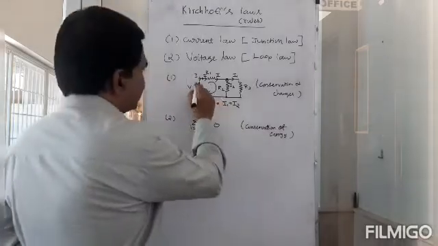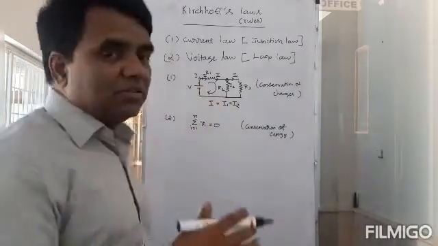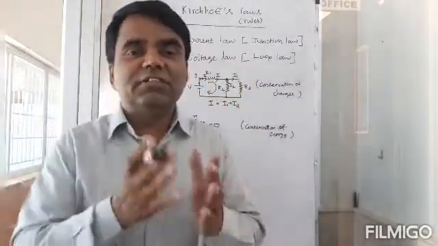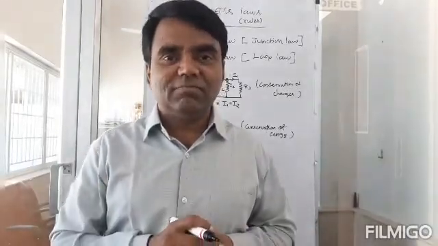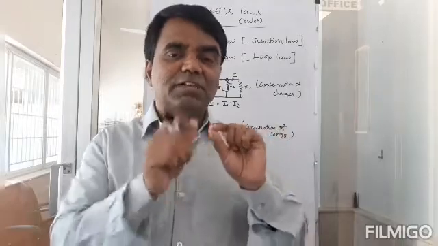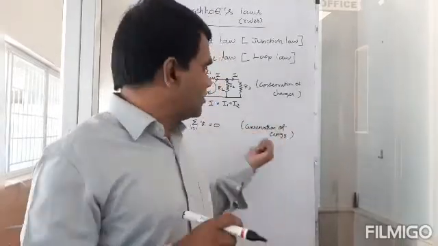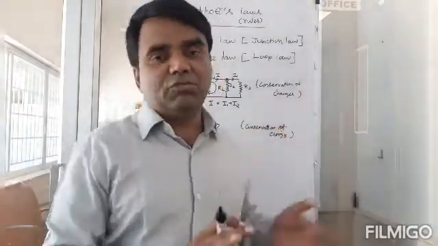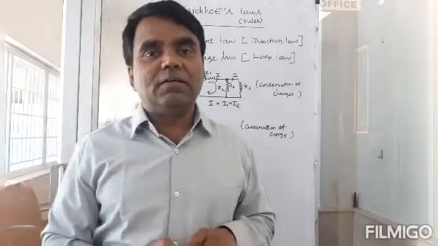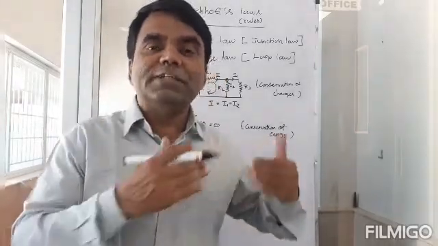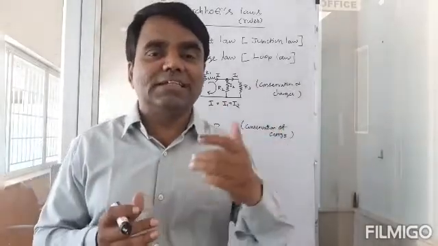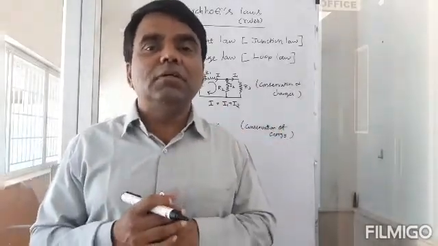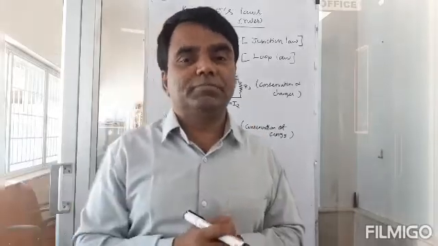Okay? So you start from here, then you come back to the same position, then the potential difference is 0, it's nothing. The initial potential and final potential are going to be the same. So it's the law of conservation of energy in a different form. Okay. Let's see how we can use these two laws to solve circuit problems by taking up an example, and we'll proceed from there.